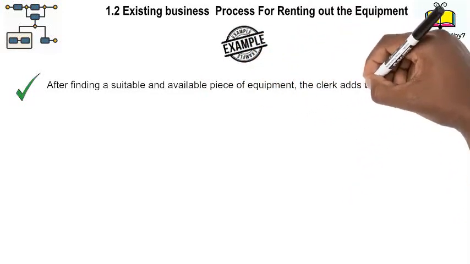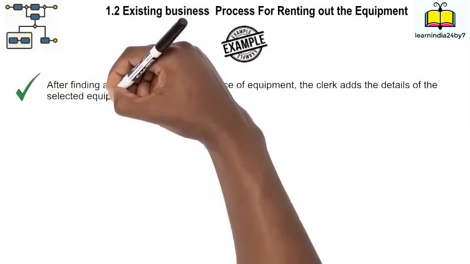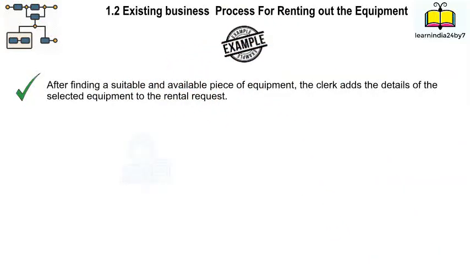After finding a suitable and available piece of equipment, the clerk at the depot adds the details of the equipment to the rental request.